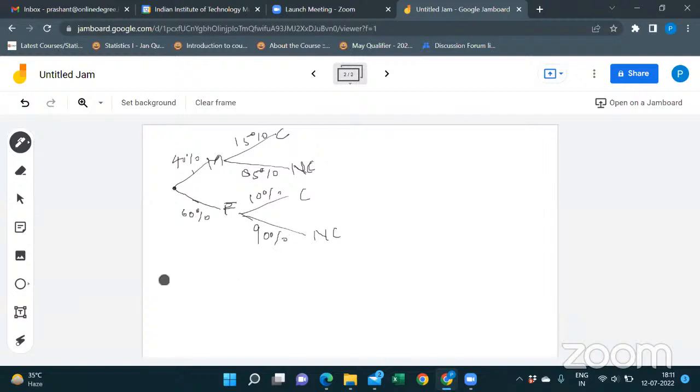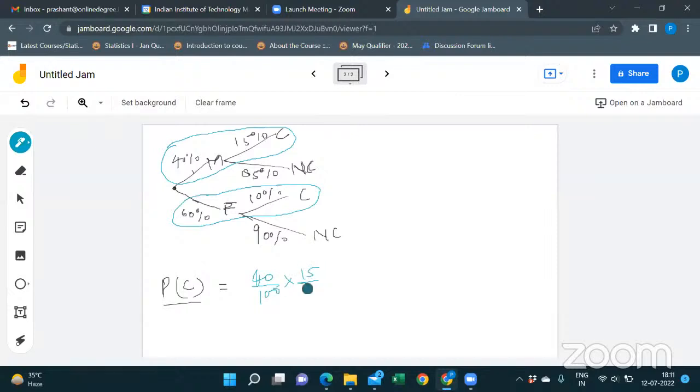Now, the question is, what is the probability that the patient is suffering from cancer? That means this branch or this one: 40 divided by 100 into 15 divided by 100, or 60 divided by 100 into 10 divided by 100.